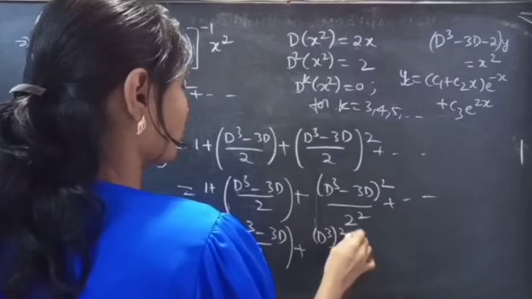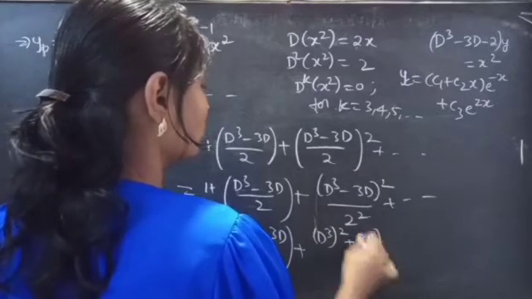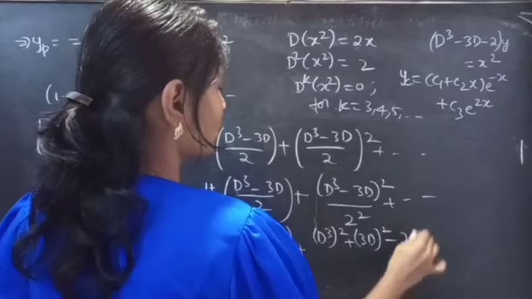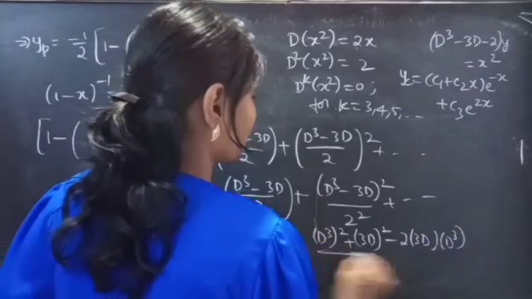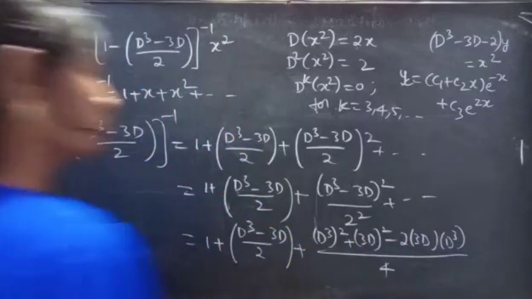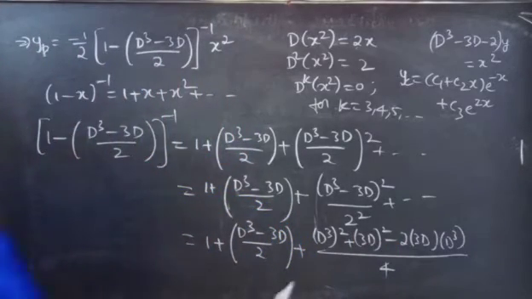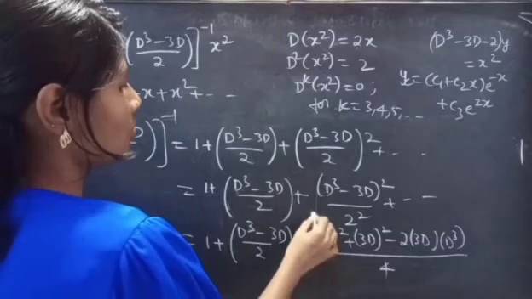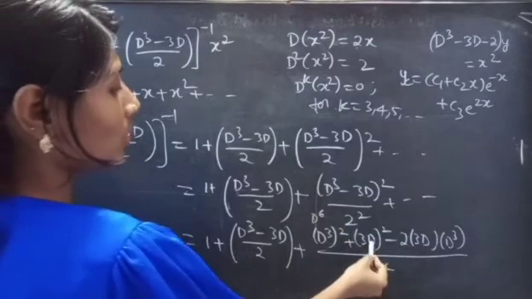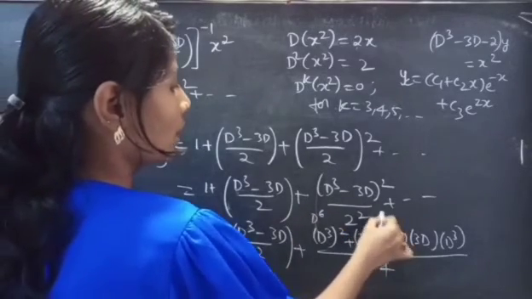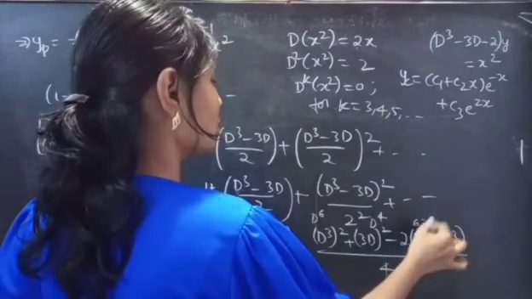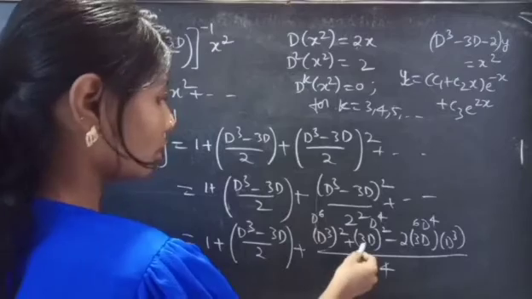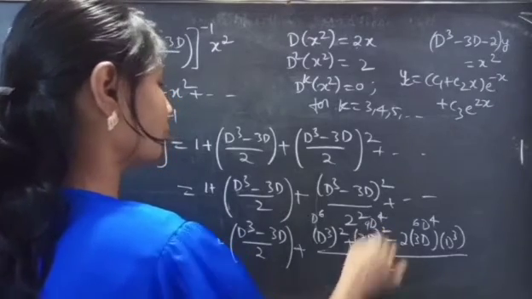D cube whole square plus (3D) whole square minus 2 into 3D into D cube by 2 square is 4. Right? If you notice, we are having D cube whole square, which is D power 6, and here we'll get D power 4, and here we'll get 2 times 3, 6. D into D cube is D power 4. Right? Here we'll get 9 D power 4.